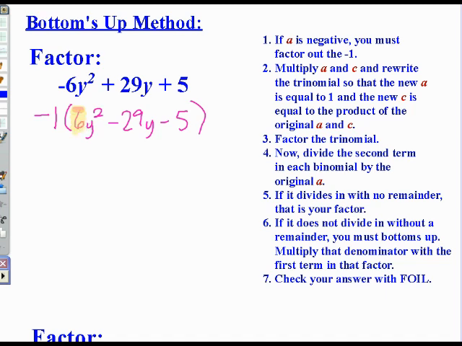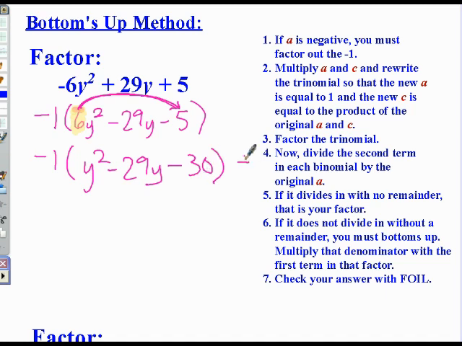So what we can do with bottoms up is we can temporarily put the 6 factor into the c term, which means we're going to multiply it into the c term and rewrite it as y squared minus 29y, and then 6 times negative 5 is negative 30. But that's only a temporary fix to make it easy to factor this. Eventually later we have to divide out the 6. So you might want to note to self, later I have to divide by 6.